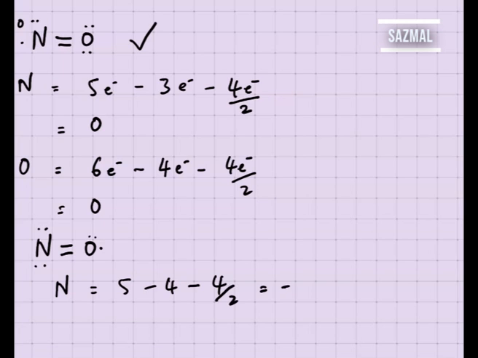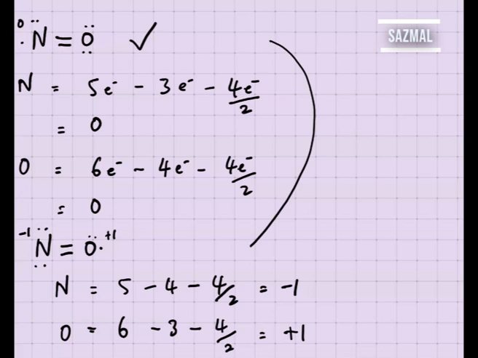It will have -1, so the charge is -1 here. And for oxygen, 6 electrons minus 3 non-bonding electrons minus 4 over 2 is +1. So the +1 is on the oxygen. So it will have a resonance between these two structures.